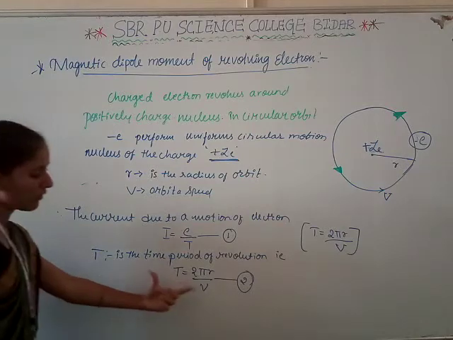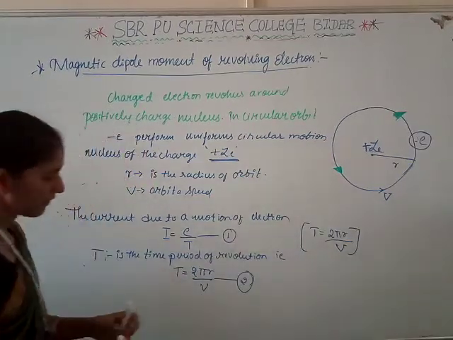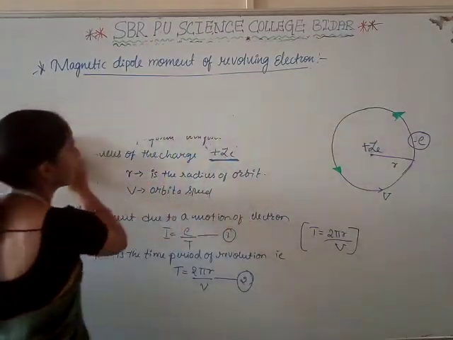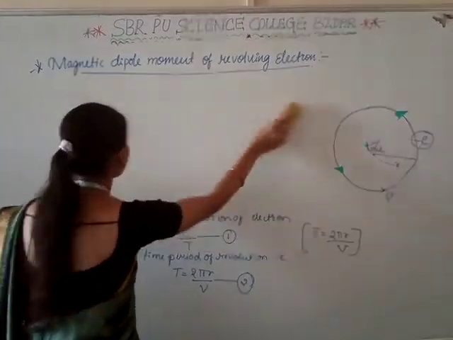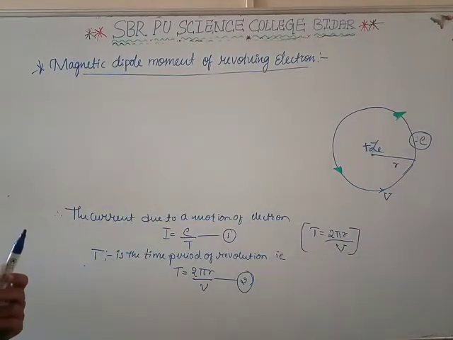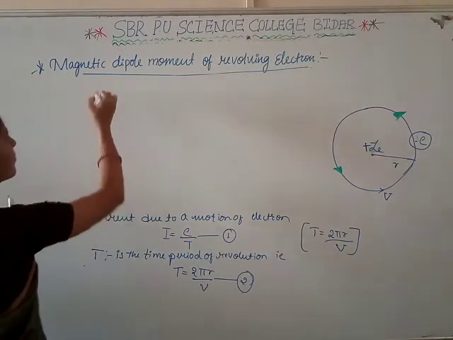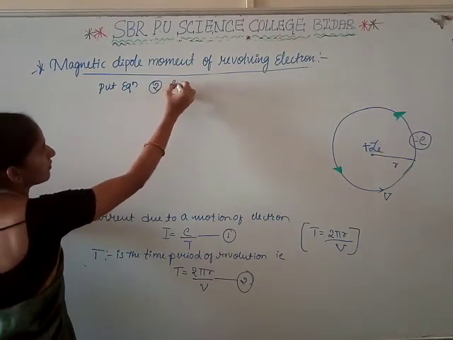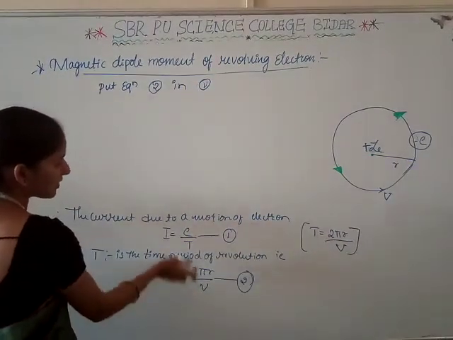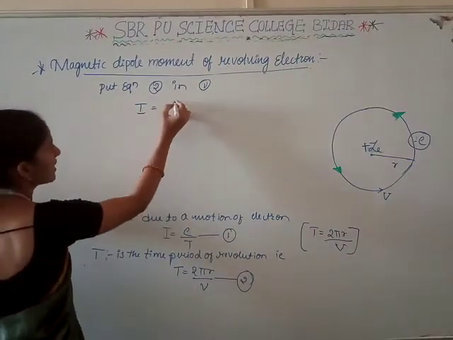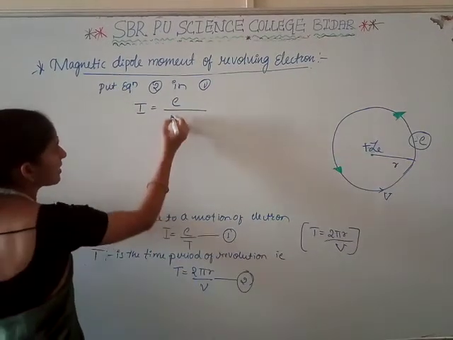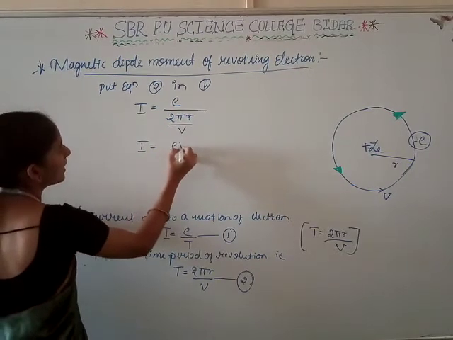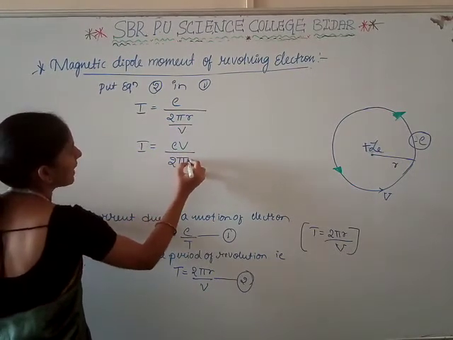When we put the value of the time period 2 pi r divided by v from equation 2 into equation 1, we get I is equal to E divided by T, which is I is equal to E into v divided by 2 pi r.